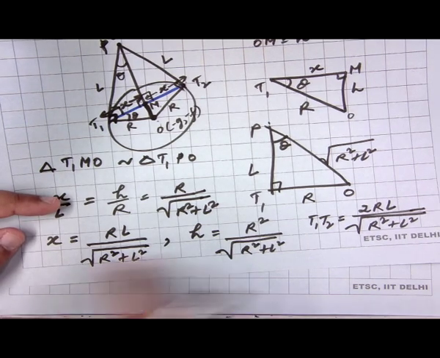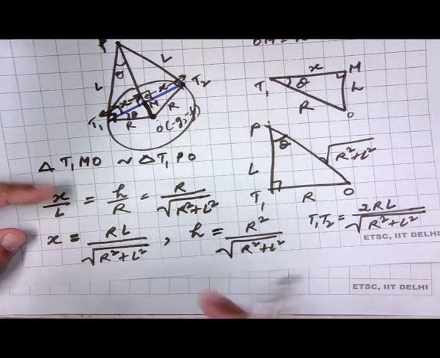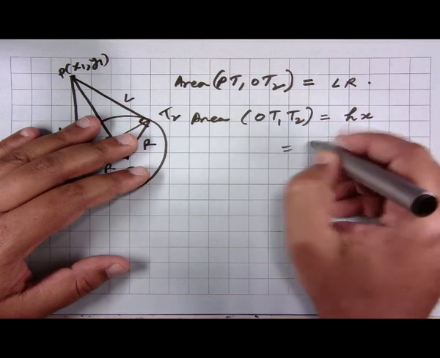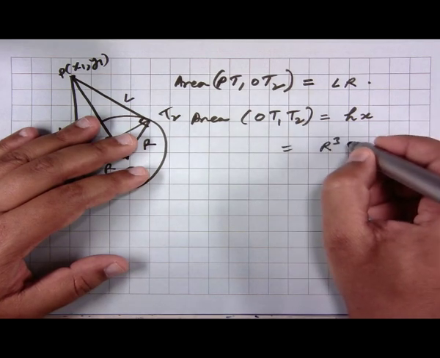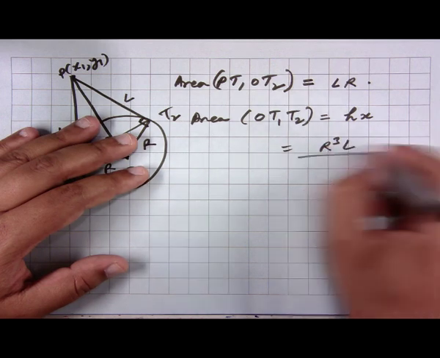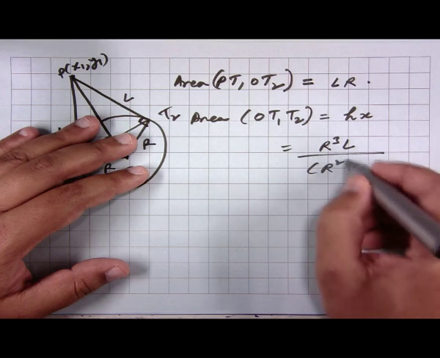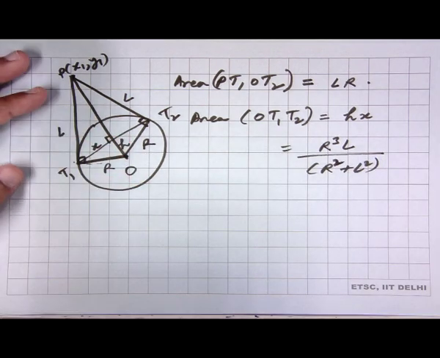We can use the previously derived values of h and x, and we get this to be r cube L by r square plus L square.